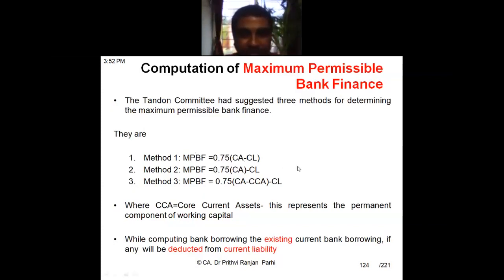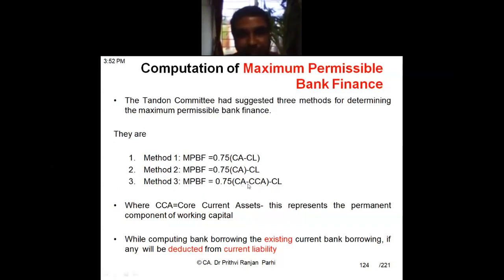Now coming to the second method. It says we take 75% of the current assets that will be financed. From that, the entire current liabilities will be deducted. That is the second method. The third method suggests 75% of current assets netted off with core current assets.